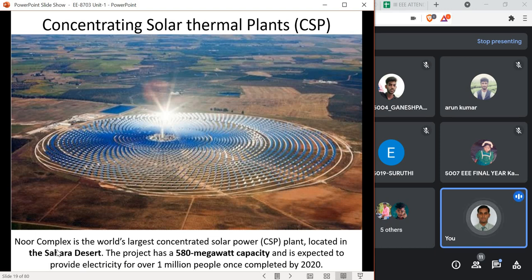It is located in the Sahara Desert, and this is one of the world's largest concentrated solar power plants. The amount of energy being generated is 580 megawatts. You can imagine such a huge area being destroyed and utilized only for power generation.